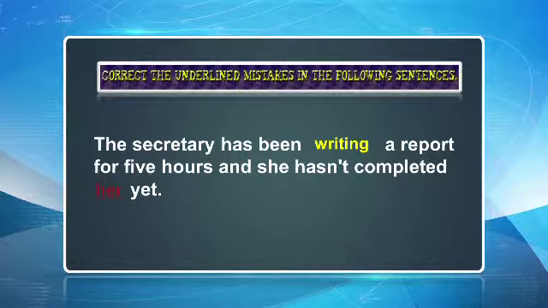She is not finished yet. And she has been doing so for 5 hours. And she hasn't completed it yet. We cannot say that the report is "her". That is not the correct pronoun to use. The correct pronoun, of course, is "it". So the correct reading of this sentence would be, the secretary has been writing a report for 5 hours and she hasn't completed it yet.